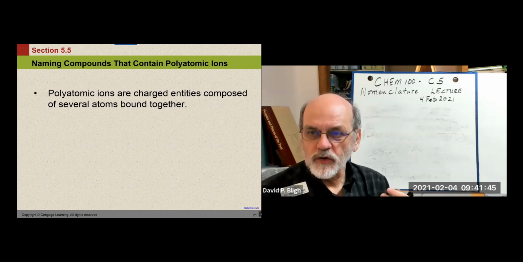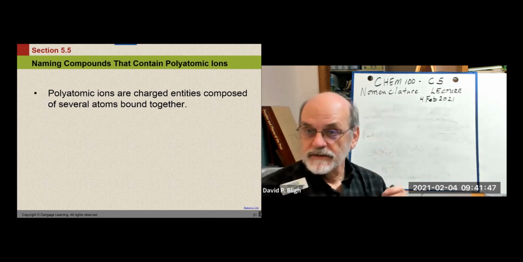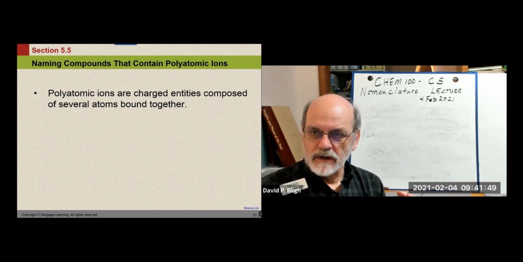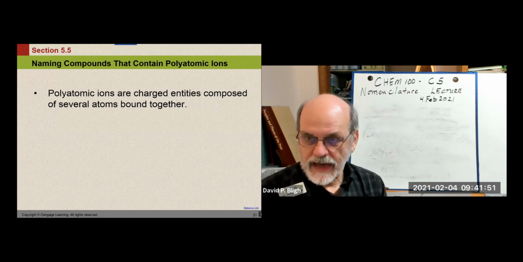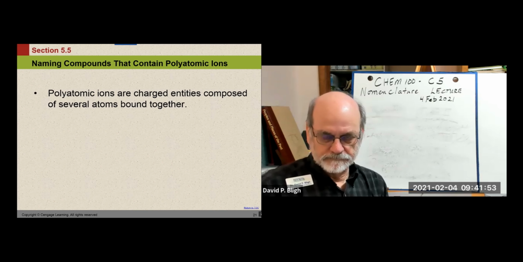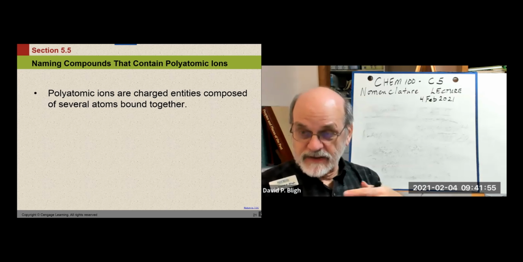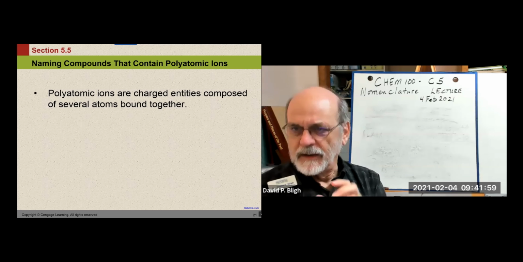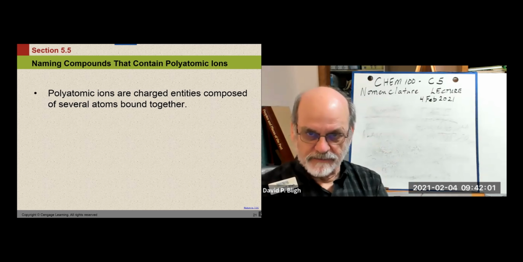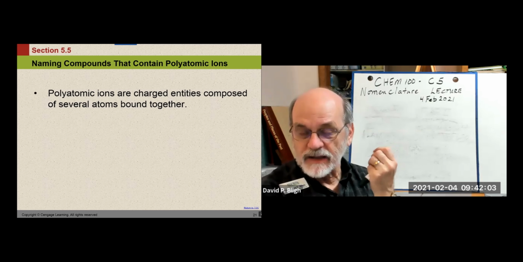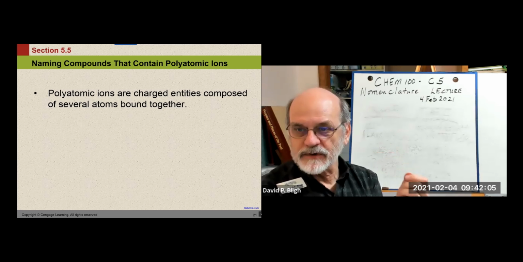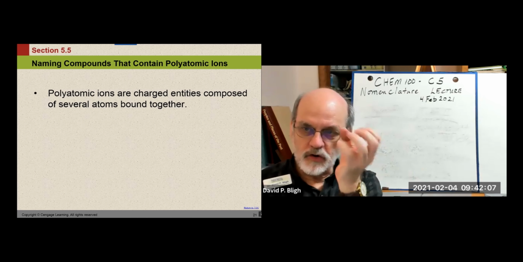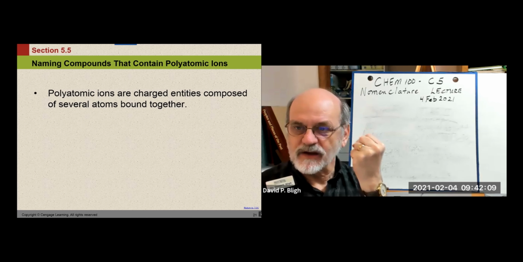There are a group of ions that are composed of more than one atom. They may even be viewed as a compound of themselves, but they form ions. They're called polyatomic ions. Poly meaning many. Many atoms form this group that behaves as a single unit.